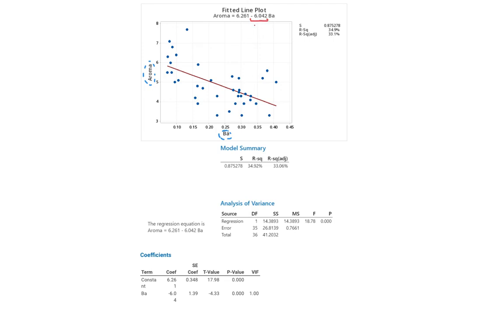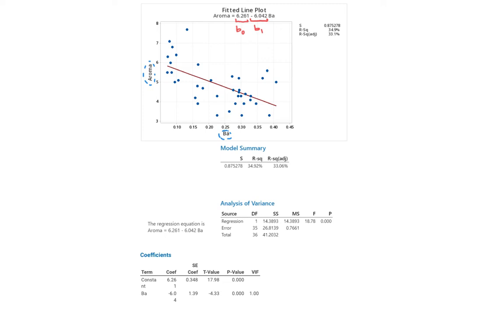So our slope is negative 6.042, and our y-intercept is 6.261. It also gives us a rough idea of what the regression line looks like in our data. So you can see our data here is pretty spread out, but in a general negative trend. So you could imagine fitting a line through it. It doesn't look too bad.